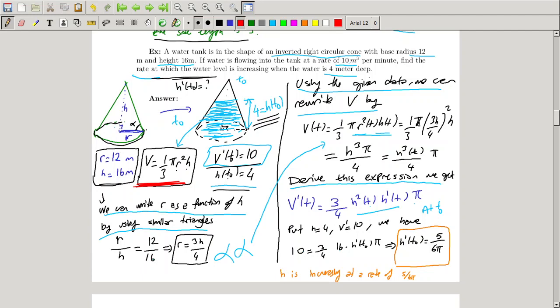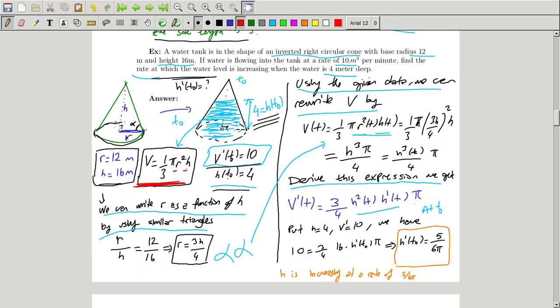But when I take the derivative of V with respect to t, I have two parameters, r and h. So you have to take the derivative of the first one times the second one times the first one, a multiplication.